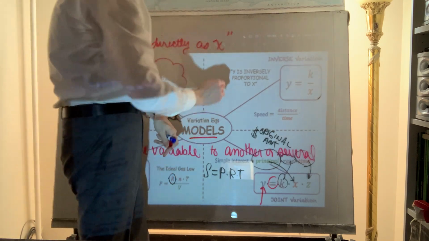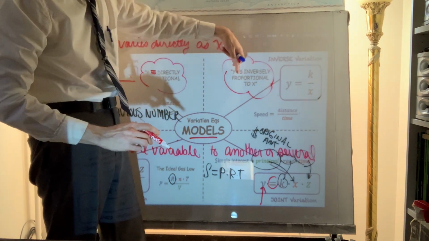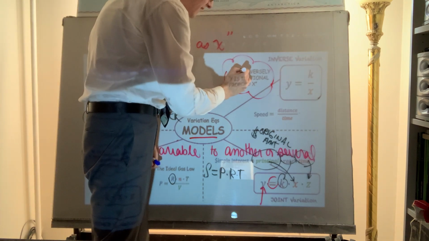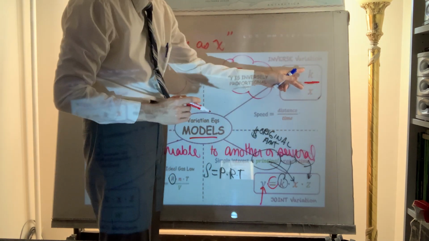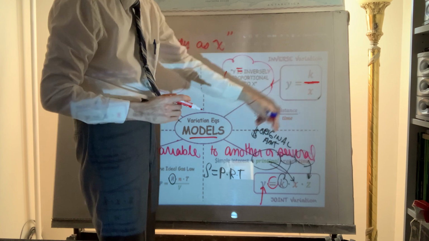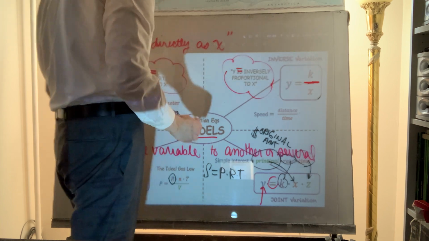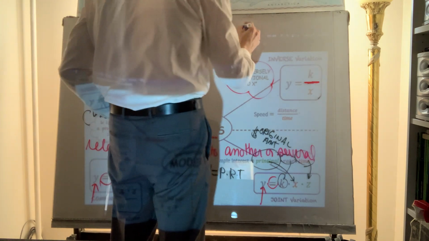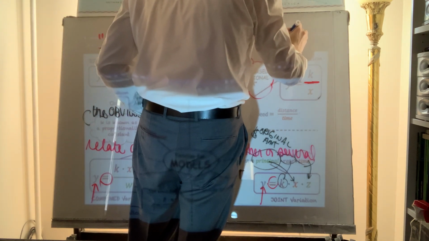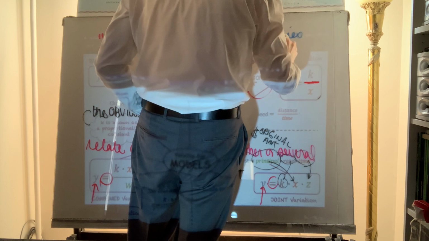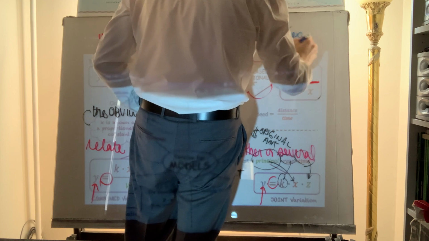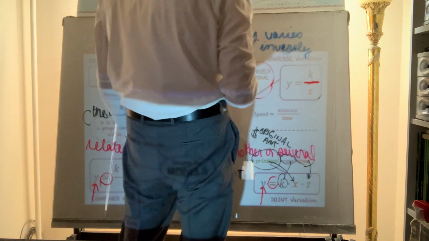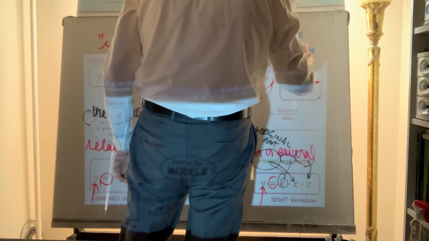Here again, I think this is more intuitive to say it this way: y is inversely proportional to x. Inversely proportional is implying that these things are not on the same tier. One is below the other. You might say, in a situation like this, y varies inversely as x.